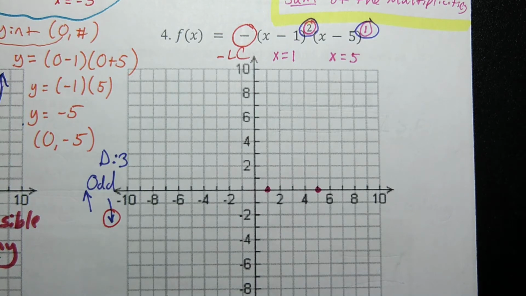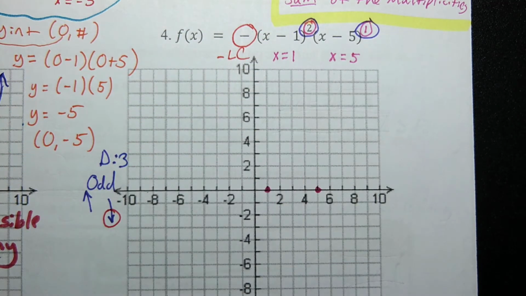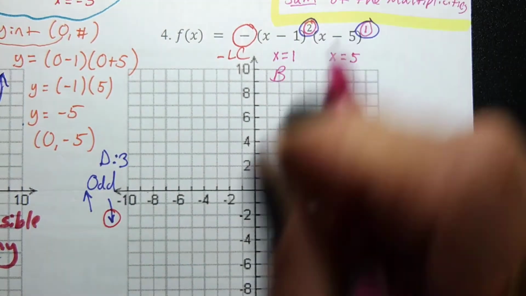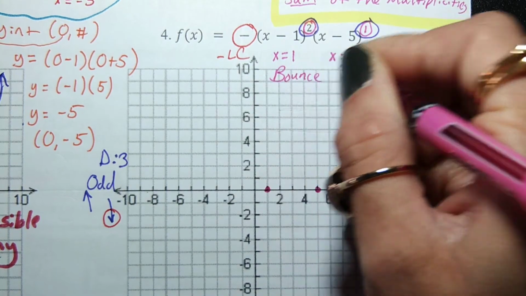And let's see how our graph is going to behave at these x-intercepts. The multiplicity of this factor is 2. So 2, we think of that one-two step, which is a bounce at x equals 1. So even multiplicity will bounce.